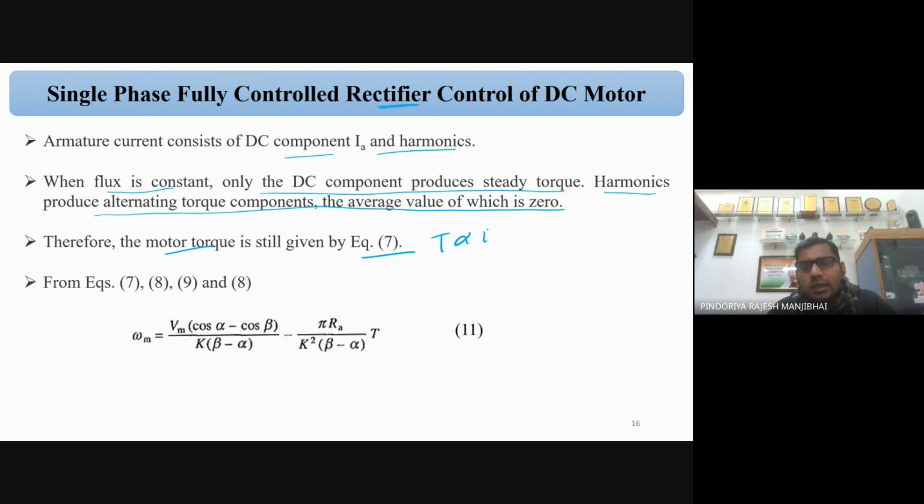So from equations number 7, 8, and 9, we can say omega m, Vm, this is nothing but your Va equal to Ia Ra plus L di by dt plus E.